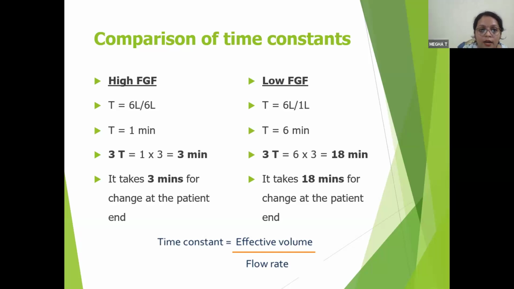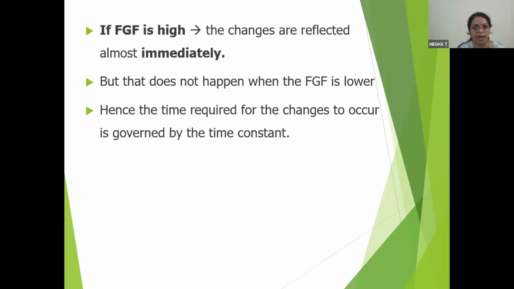In high fresh gas flow, the change is immediate, but in low fresh gas flow, more time is taken. So in case a patient has a hypertensive response and you want to increase, you can give other things, opioids and all, but if you want to increase the setting, it's based on the time constants. At least 3 time constants it will take to reflect at the patient end.